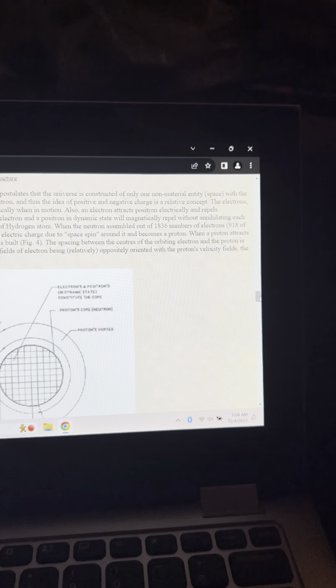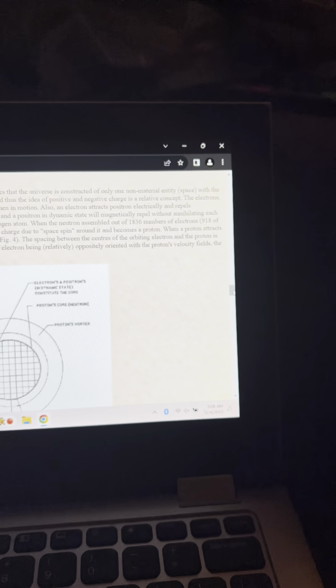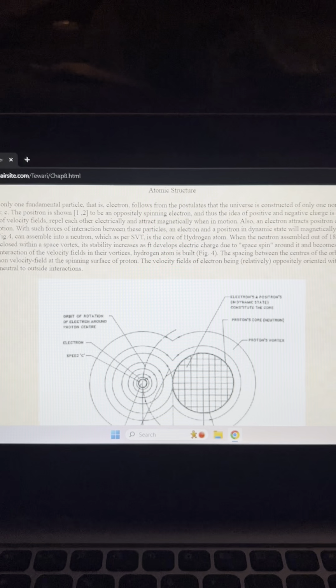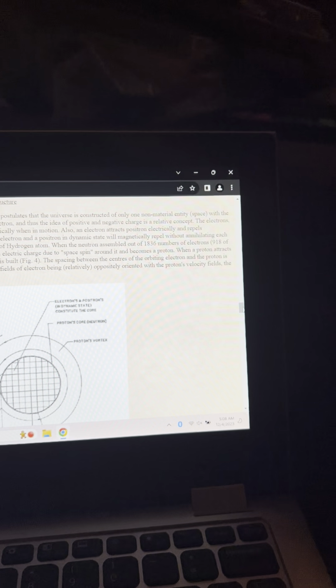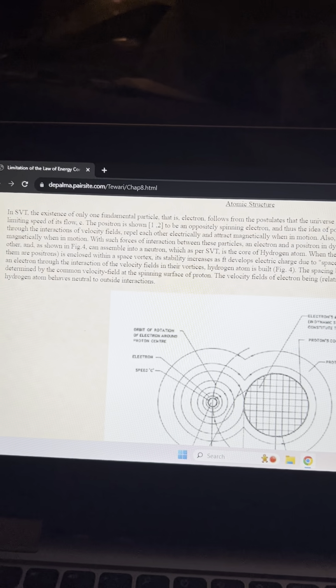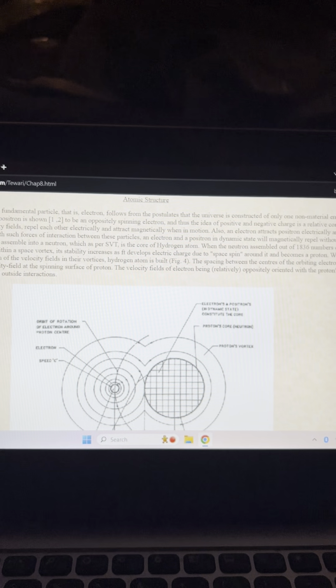Also, an electron attracts a positron electrically and repels magnetically when in motion. With such forces of interaction between these particles, an electron and a positron in dynamic state will magnetically repel without annihilating each other, and as shown in figure 4, can assemble into a neutron, which as per space vortex theory is the core of the hydrogen atom.